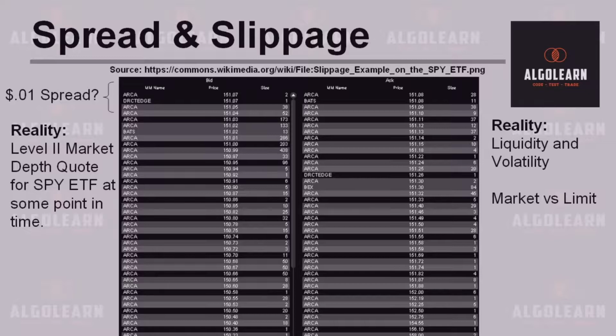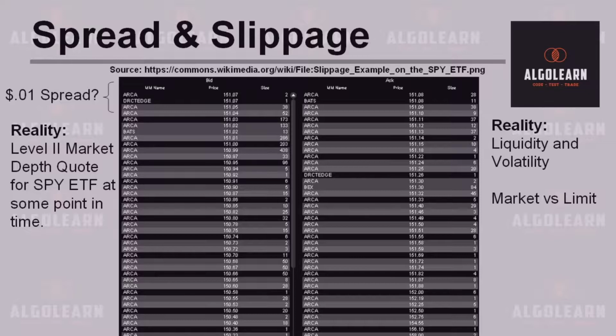If you go to the very top of this chart, you can see the bid at $151.07, that is the highest bid. And the lowest ask is $151.08. That's typically what you would see on a level 1 quote, and that has a penny spread, right? So that's what you'll typically see.